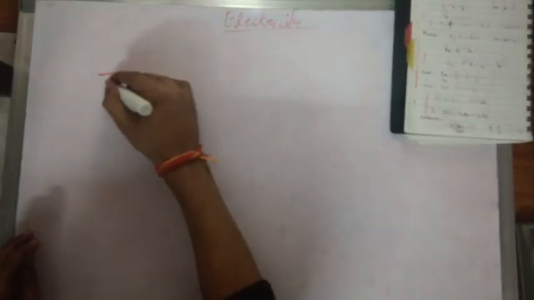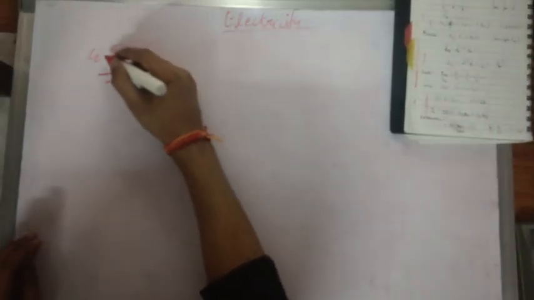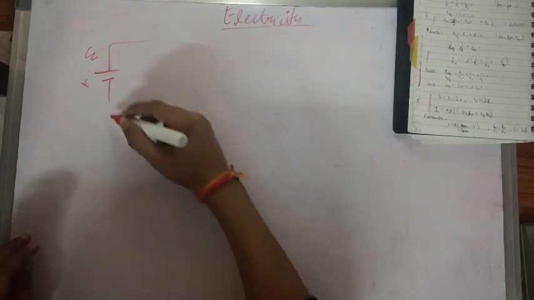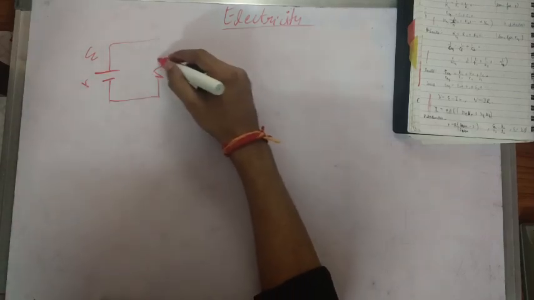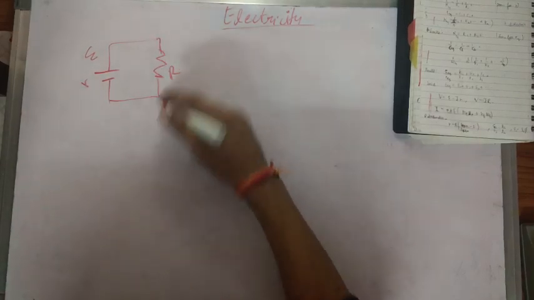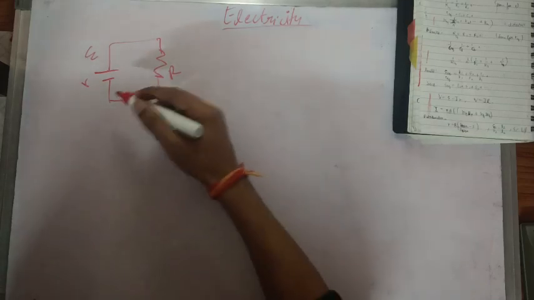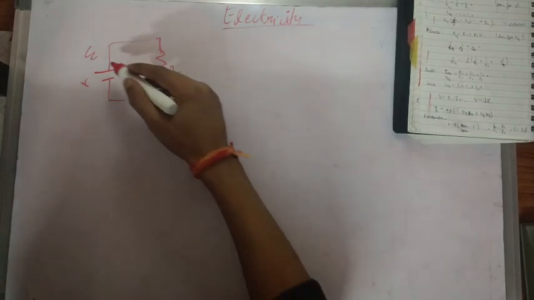Now the next thing is, let's say there is a cell here, it has EMF E, internal resistance r, and there is a resistor connected to it with R resistance. In this simple circuit, let's say there is some current flowing.